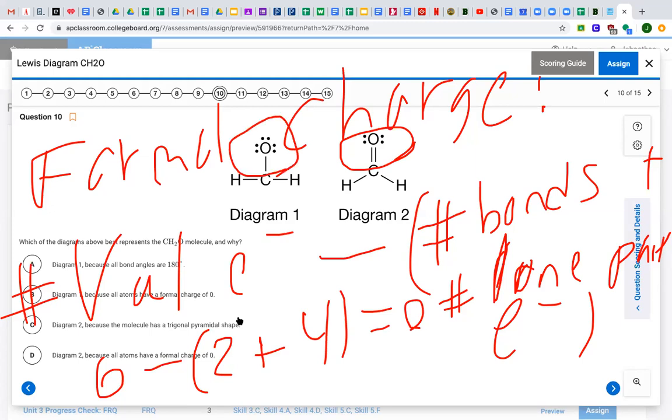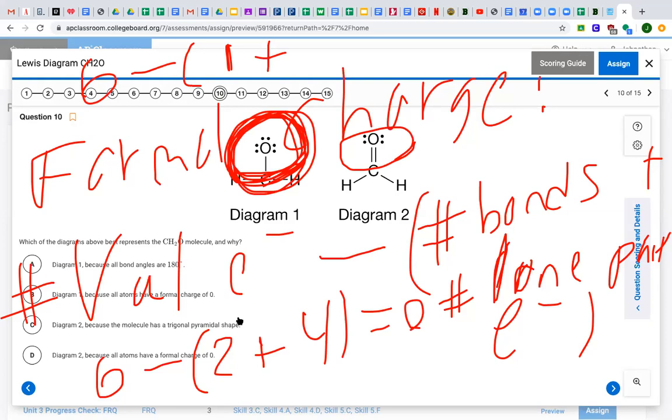Whereas this guy over here, he is 6 minus 1 bond minus how many lone pair electrons, Rainisha? How many lone pair electrons do you see here on this oxygen? The one I've just circled, this one here. The one on the left? Yeah. How many lone pair electrons? 6. Right.